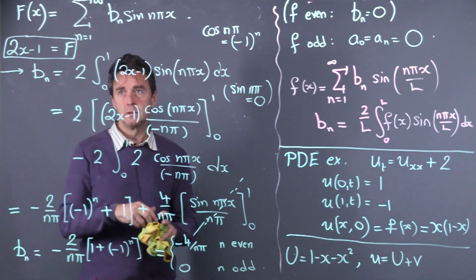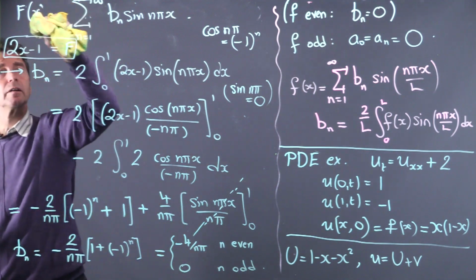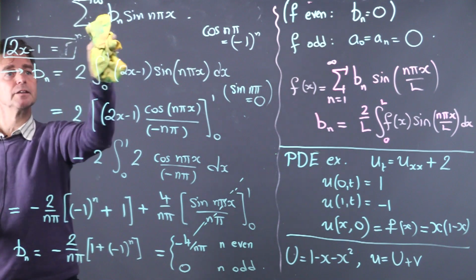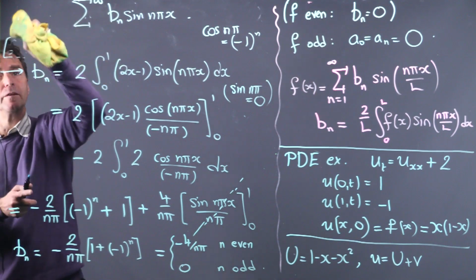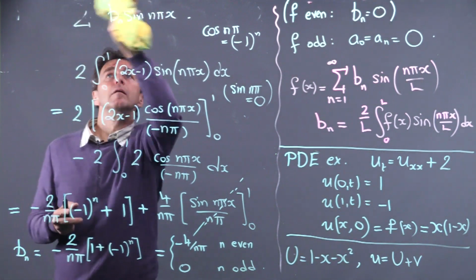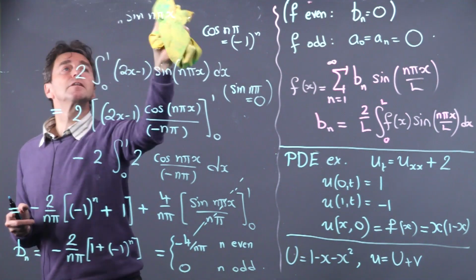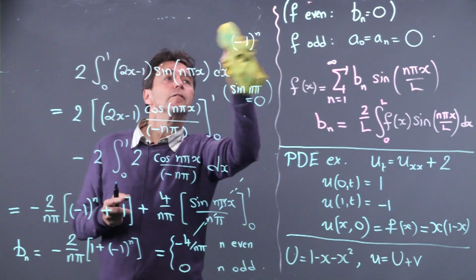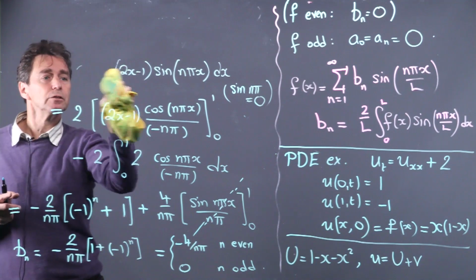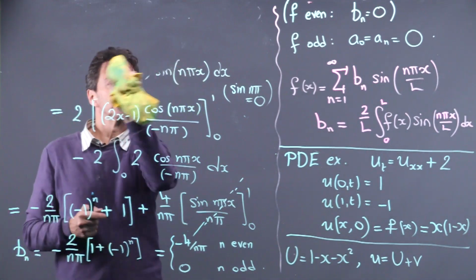Right, so there it is. So that's how I can express this function f as a Fourier sine series with these coefficients. So at this stage, I can write the solution down for v. However, I may as well skip to the solution for u, because that's really what I wanted.